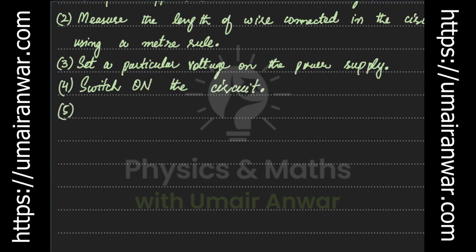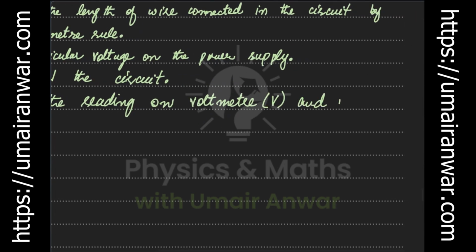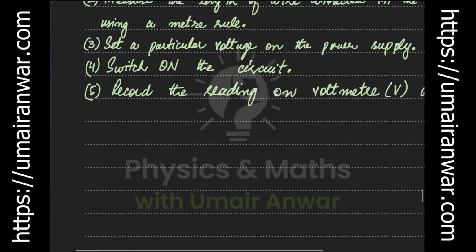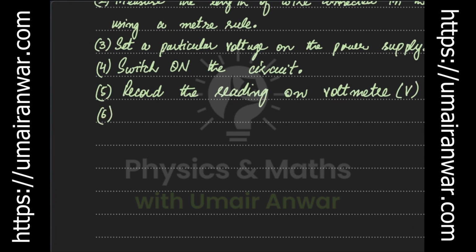Number 5, record the reading on voltmeter, which will be labeled as V, and ammeter, and this reading will be labeled as I. The next step, resistance, which is our dependent variable.